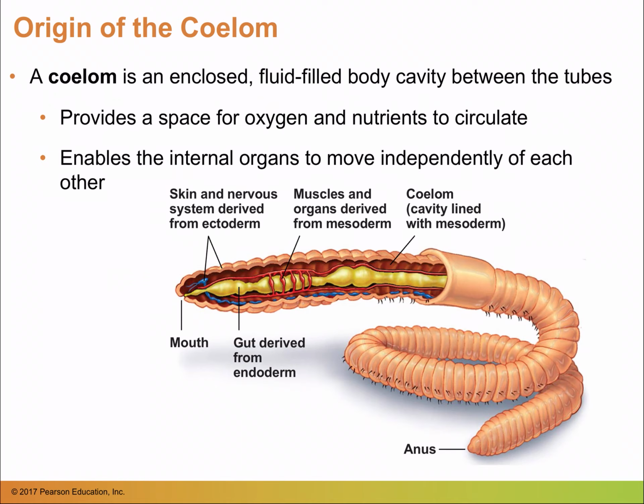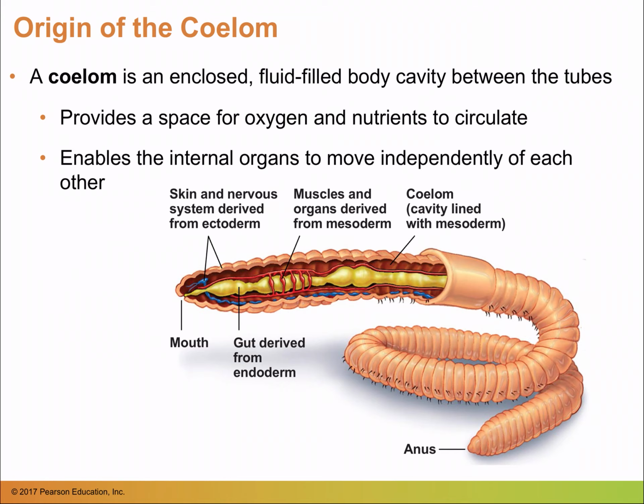So the coelom is basically just a space, a body cavity between those tubes. What it does is it allows oxygen and nutrients to circulate. It enables the internal organs to move independently of each other.